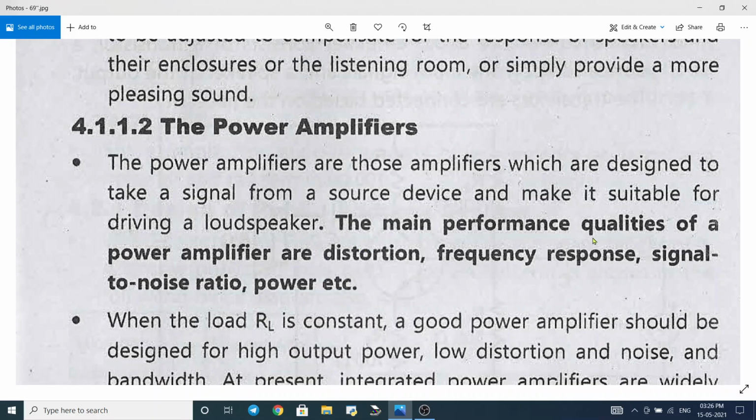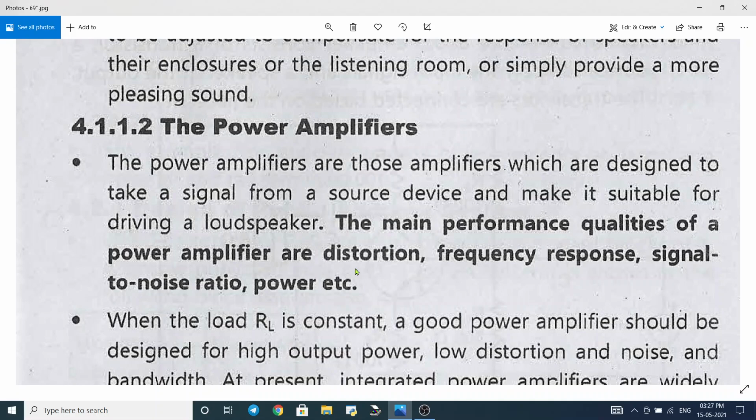The main performance qualities of power amplifier circuit are distortion. We have studied types of distortions in power amplifier. There may be a harmonic distortion or the crossover distortion. So any type of distortion may disturb the quality of sound.